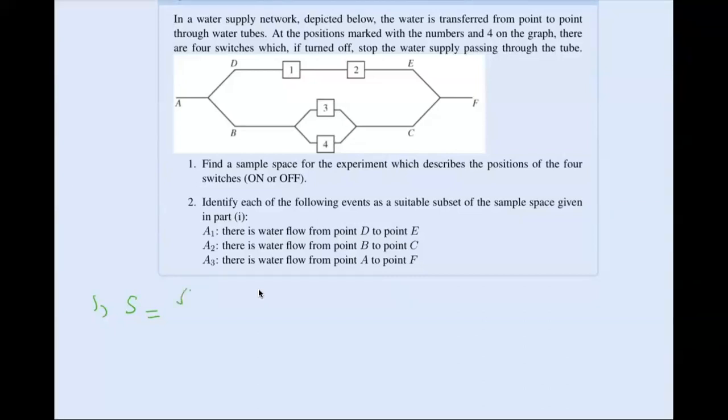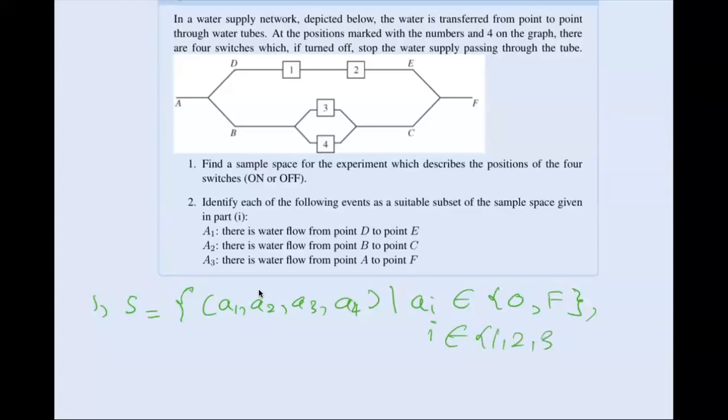So I can have A1, A2, A3, and A4, and each Ai represents the state of the ith switch. Ai is either on or off, and i is 1, 2, 3, and 4.